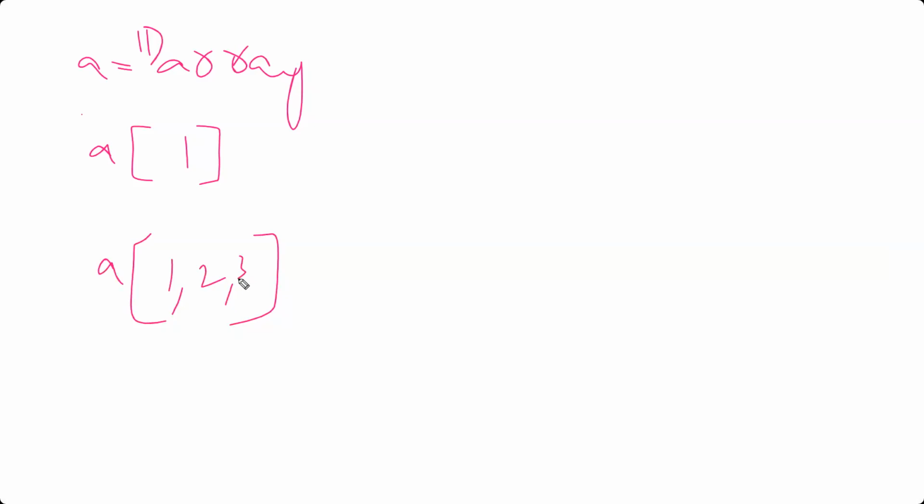Now, A of bracket: in the bracket, you write one number or multiple numbers. If you write one number, it will extract the value at that index position. When you want to write multiple numbers, 1, 2, 3, then you have to take a list of numbers. One number means one number, multiple numbers means a list of numbers.